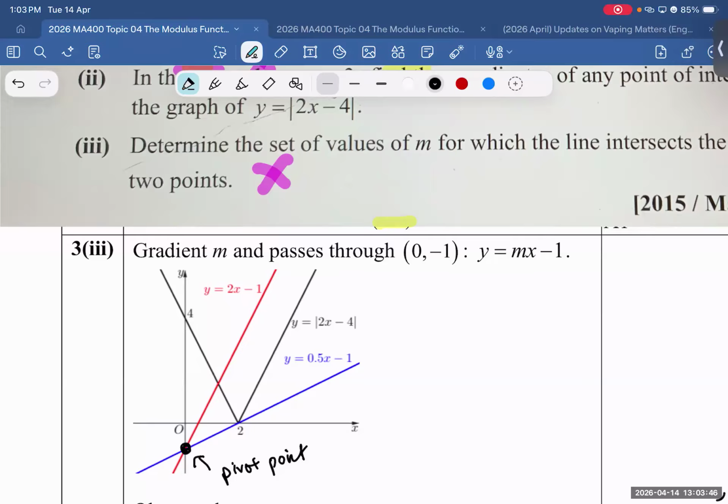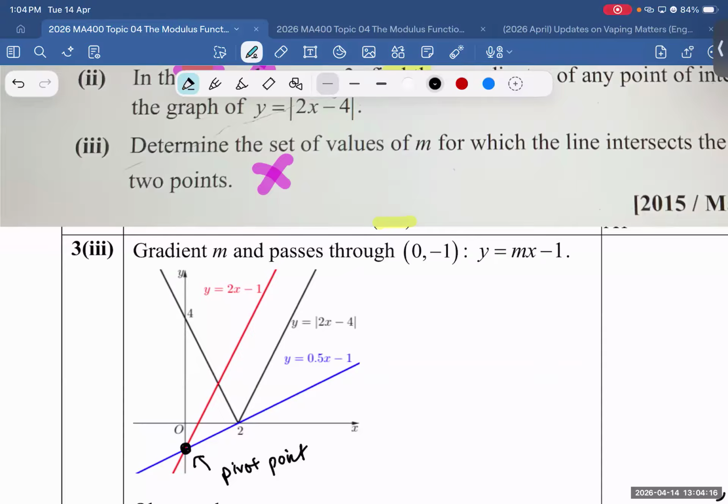Pay attention a lot. So this line, what's the gradient of this line? 2. This is a given point, so I put my pivot here, and this line will pivot.